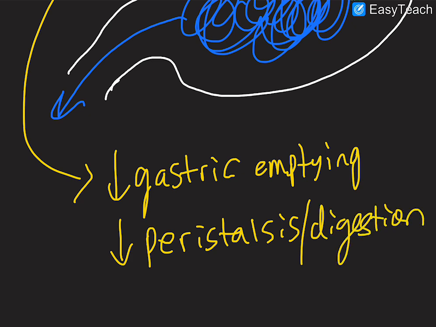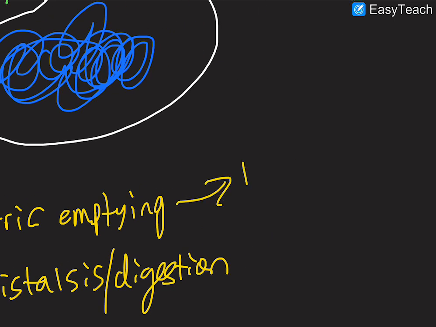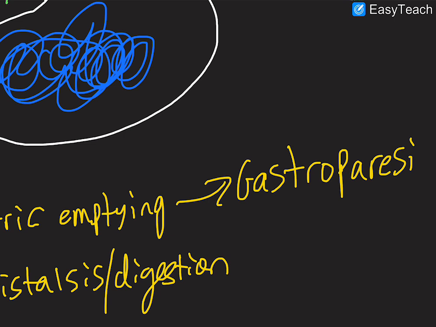Delayed gastric emptying is called gastroparesis. So that's another finding due to damage of your axons and nerves from the mutated transthyretin deposited as amyloid. You have delayed gastric emptying, which is gastroparesis.